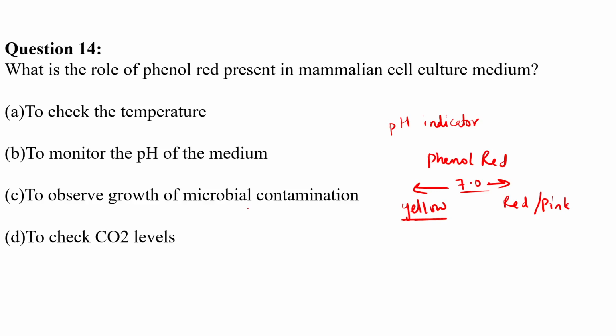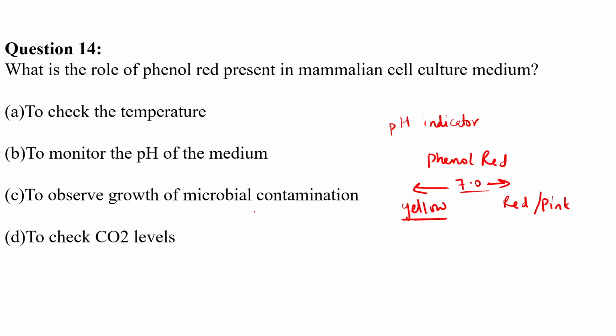Along with that, we will have some cells that are dying. Once the cell dies, it will get lysed, it will burst open, and the components that are present inside that dead cell will come out. Now those components can actually make the medium acidic.